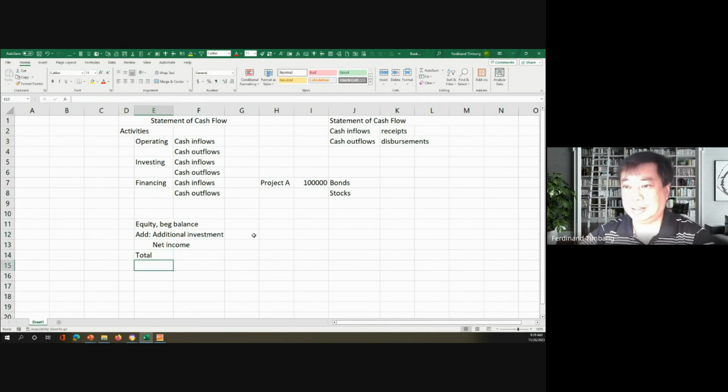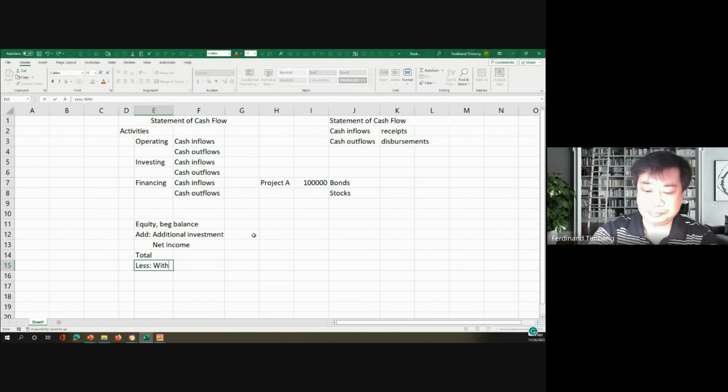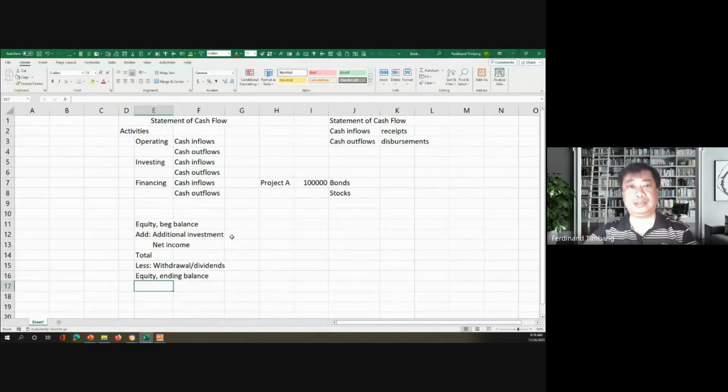And then from there, we less the withdrawal or dividends, to end up with the equity ending balance. So practically, ito yung ating statement of cash flow, to simplify only. Okay? So this is the statement of cash flow natin.